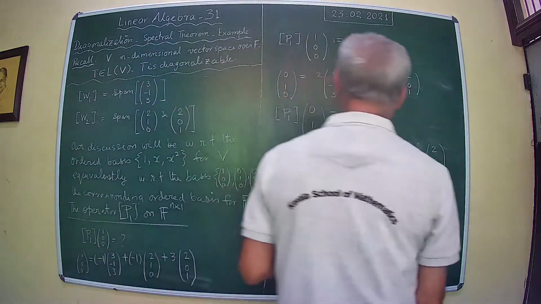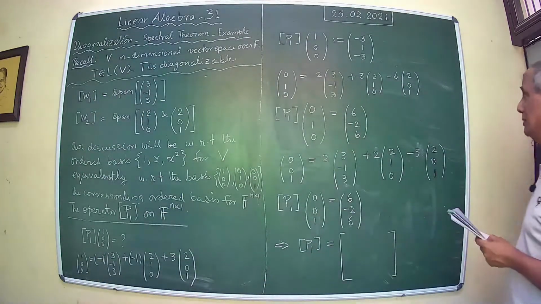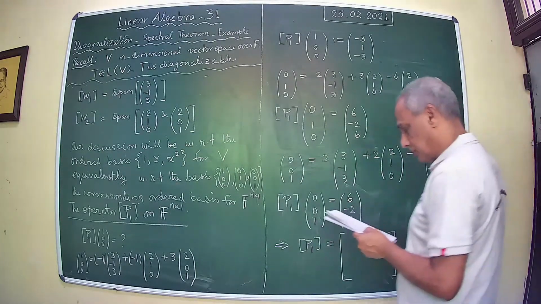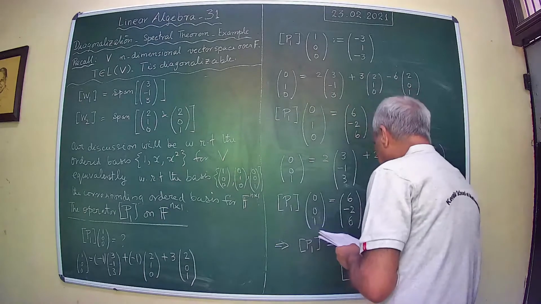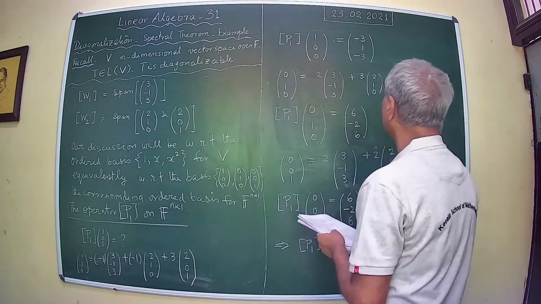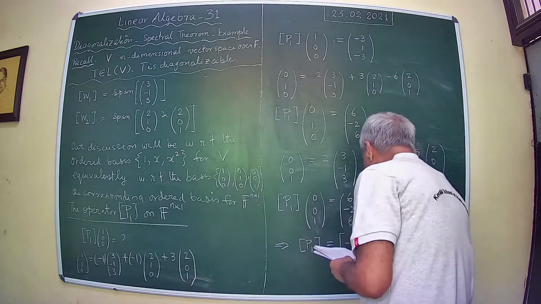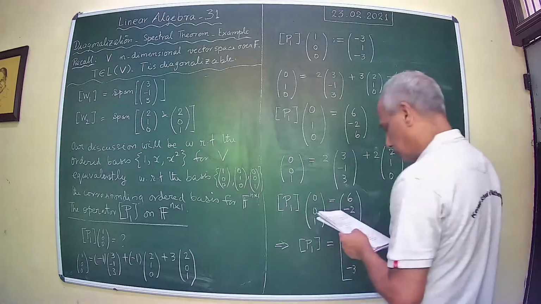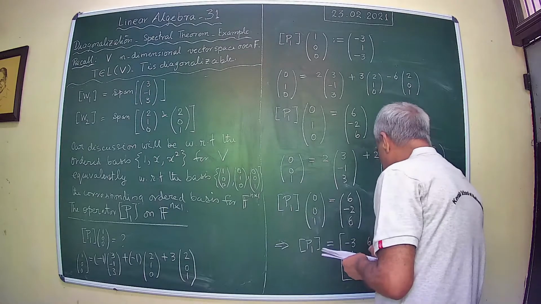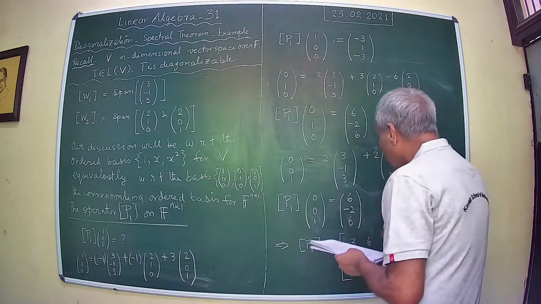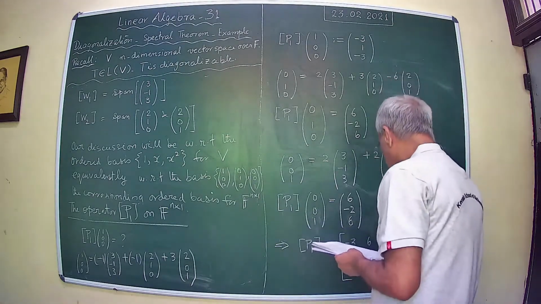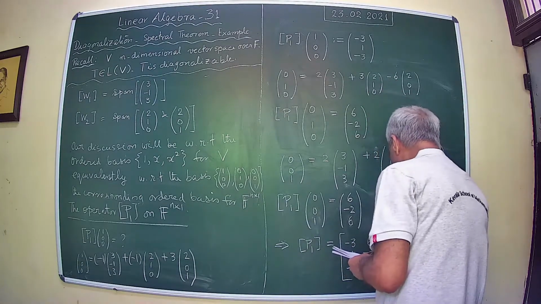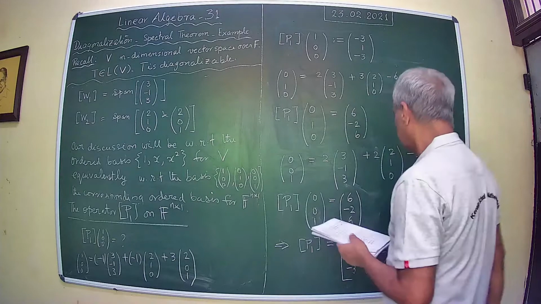Okay, right, there's a minus sign missing there. And that gives you the first column of the matrix as minus 3, 1, minus 3. Then, what about this? This is equal to 6, minus 2, 6, and then 6, minus 2, 6.